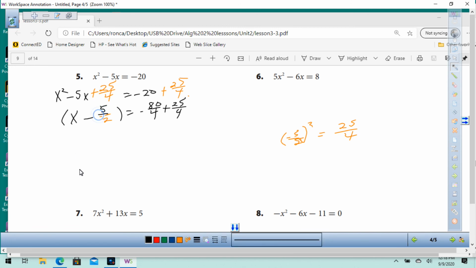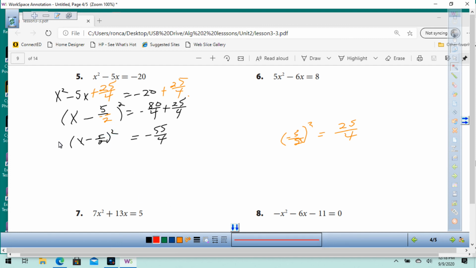It's going to be negative 5 over 2, and that's squared. Okay? Negative 80 plus 25, that's going to be negative 55 over 4. So this is going to equal negative 55 over 4. And we've got x minus 5 halves squared.